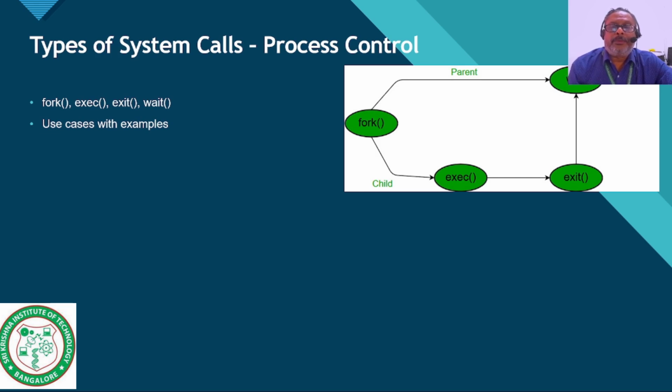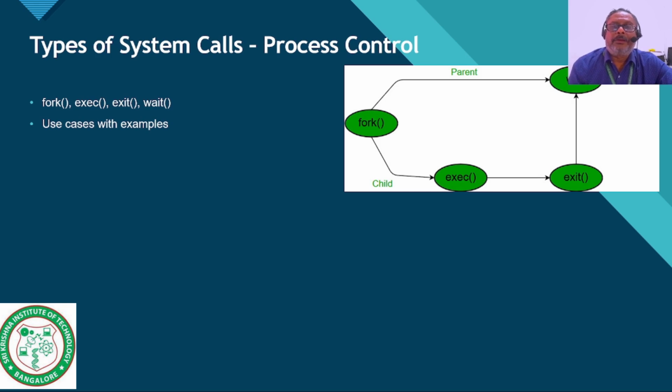So we have one process which creates its own copy, and that is done by calling a function fork in the process itself. The process itself will create its own copy through the call fork.